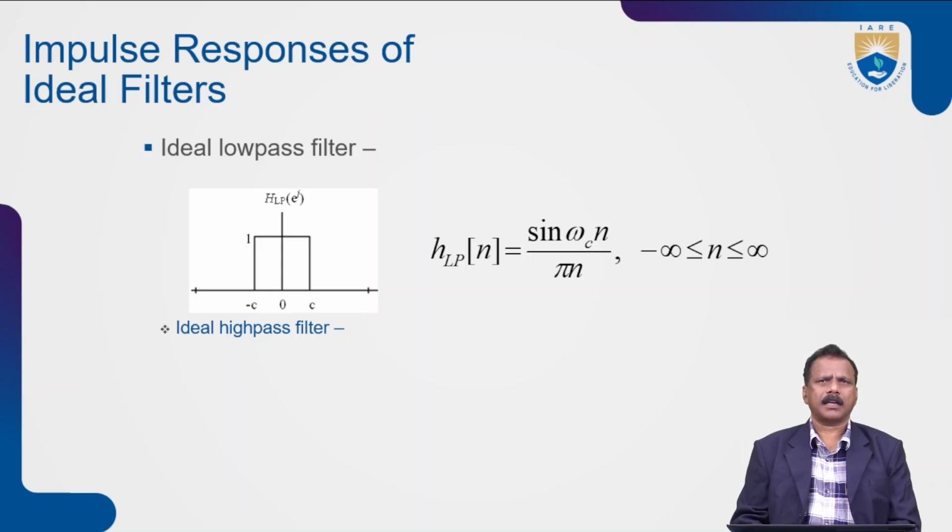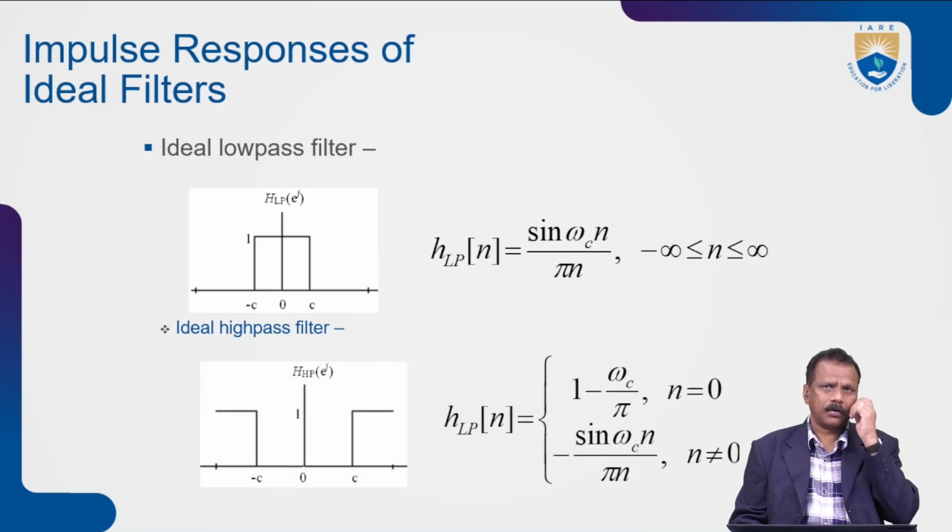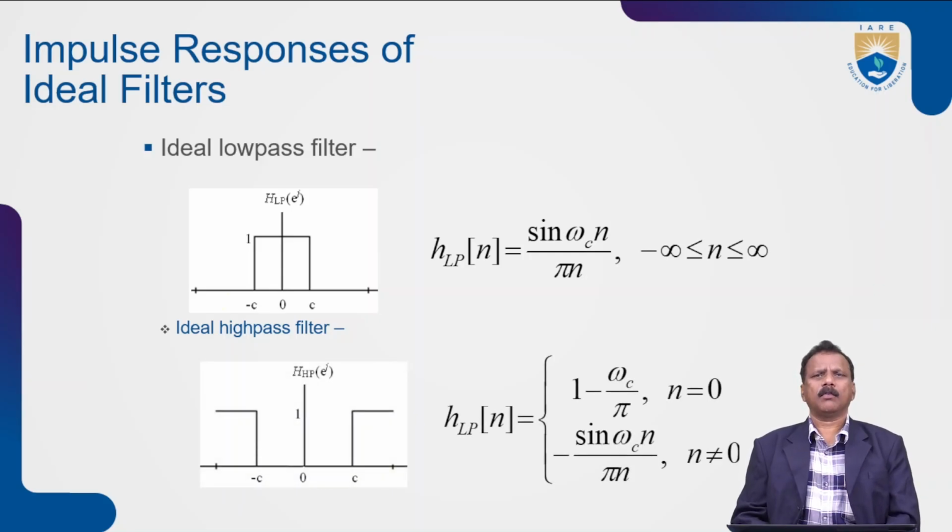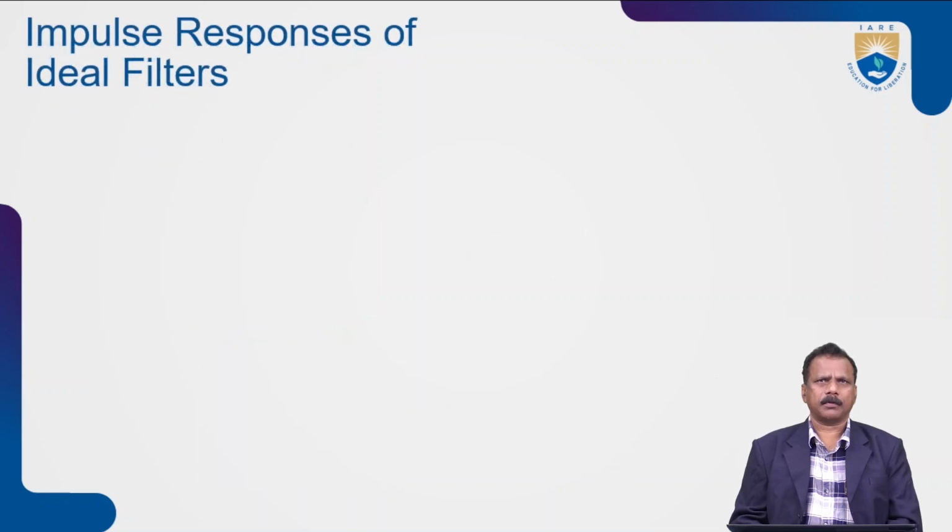Like the low pass filter allows only low frequency components, h_HP(n) is equal to 1 minus omega_c by pi for n equal to 0, and minus sine(omega_c n) by pi n for n not equal to 0.